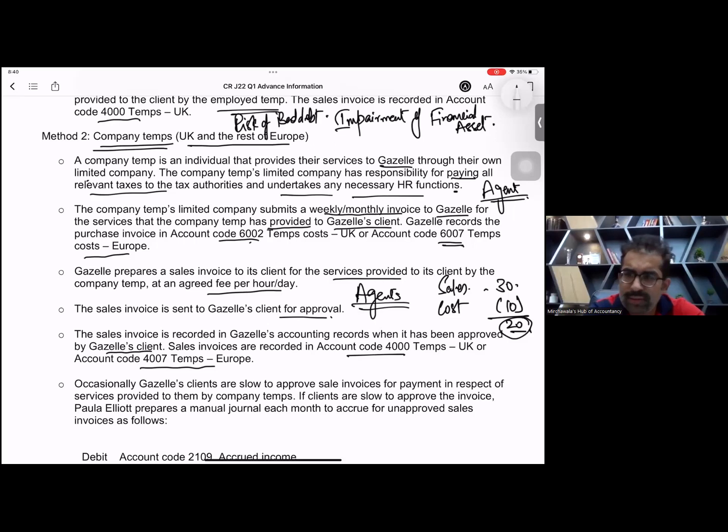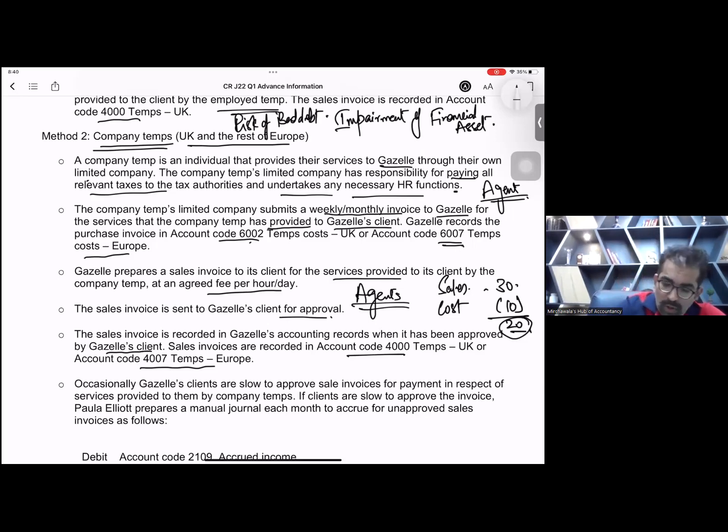So for instance, we have provided services in December, but we have sent them for approval and they approve late, in the next year. So there is an issue of cutoff. Last year's revenue will be underestimated, last year's revenue will be decreased and the next year's revenue will be increased. So there is a possibility of these issues.